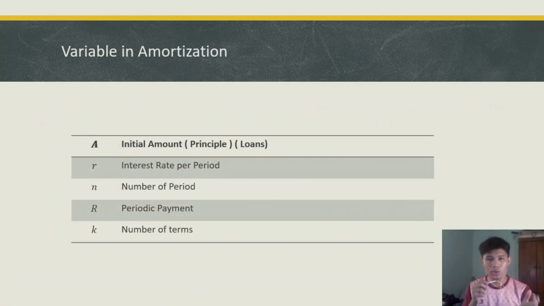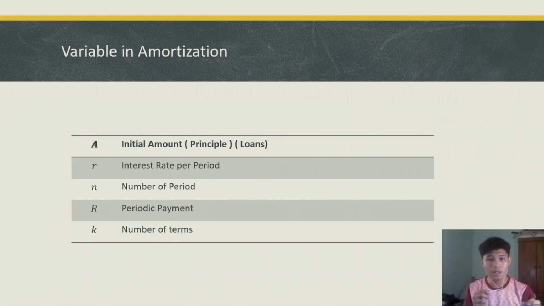Before we go through the amortization formulas, it is better for us to know what the letters in the formulas represent. First of all, we have capital A. Capital A represents the initial amount, or the principal amount, or usually the loan amount. Next, we have i. i represents the interest rate per period, whether it is monthly, annually, or quarterly. You must adjust it accordingly.